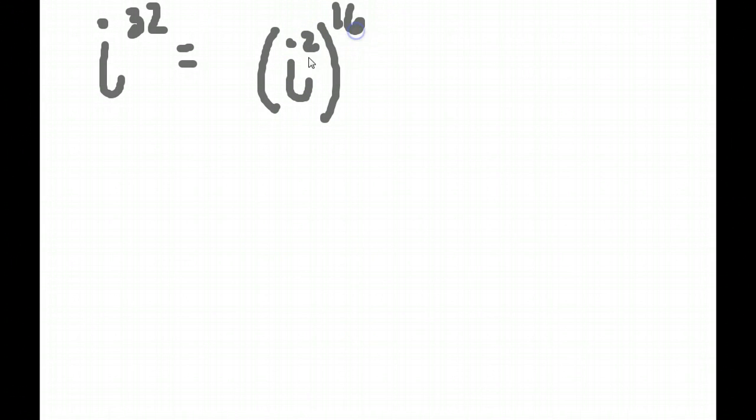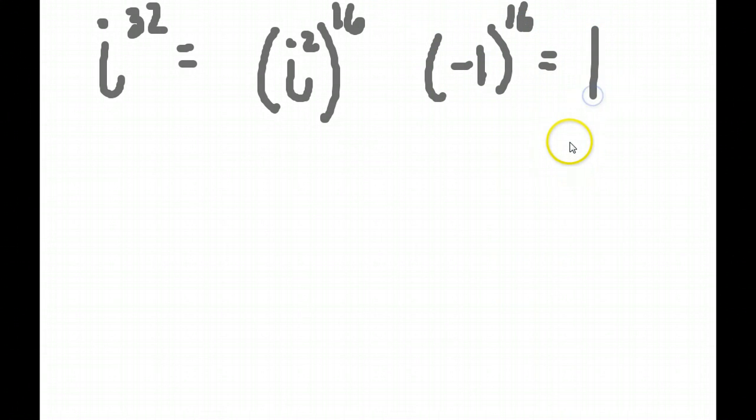Again, looking at it in terms of i squared, we have i squared raised to the 32 divided by 2, which is 16. So i squared raised to the 16th power is the same thing as negative 1 raised to the 16th power, which gives us a positive 1, because negative 1 multiplied together 16 times would give us a positive 1. So i raised to the 32nd power is a positive 1.